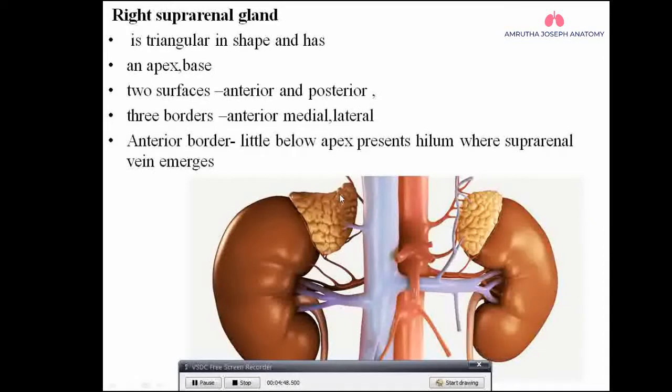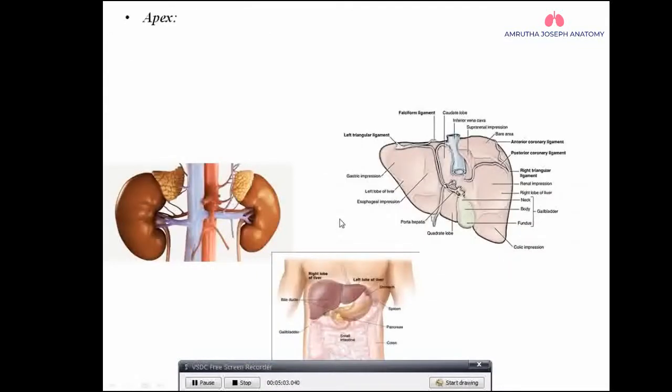The anterior border can be seen by identifying this structure. This is a vein called the suprarenal vein, which emerges from the anterior border of the right suprarenal gland. The apex is this pointed part, and it is related to the bare area of the liver.